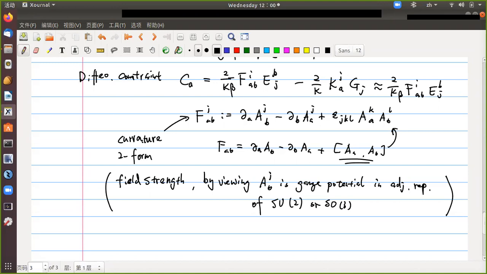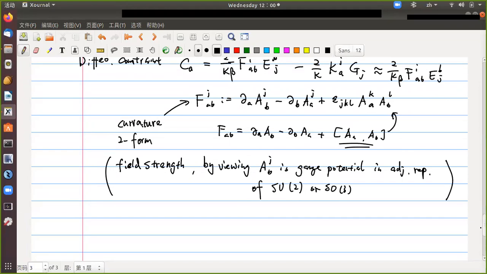It is the adjoint representation index. This is a special flavor index. Okay. Review your gauge theory class.